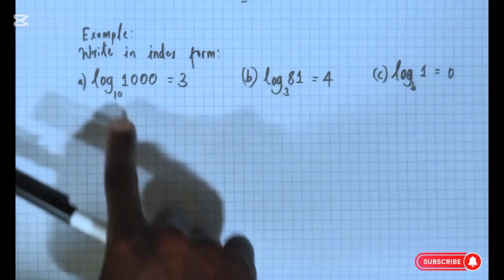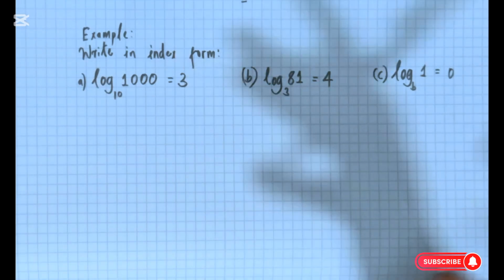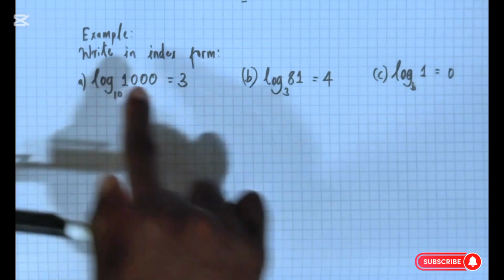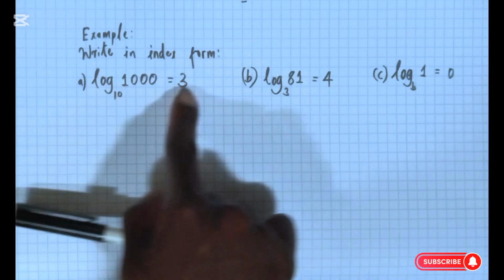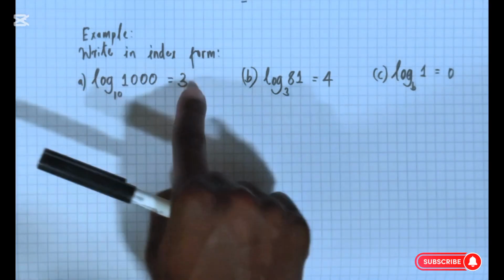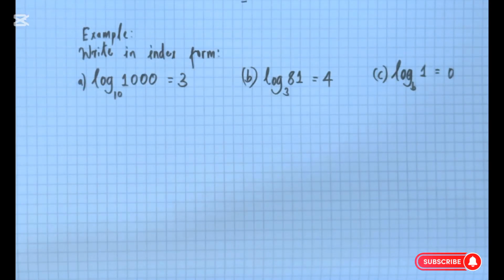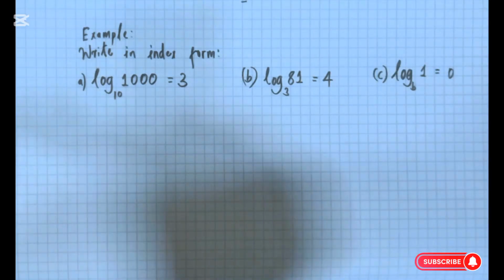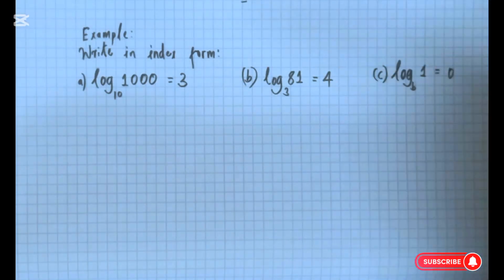We know that log basically answers the question, what is the index? So this number here, 3, should be the index, the power. What we have to figure out is what our base will be.